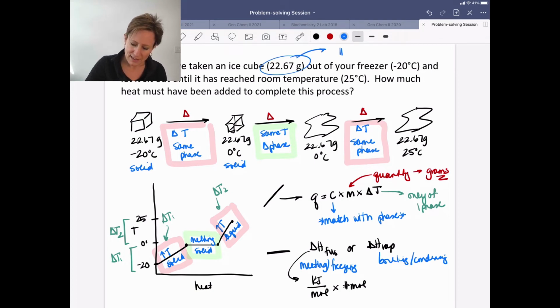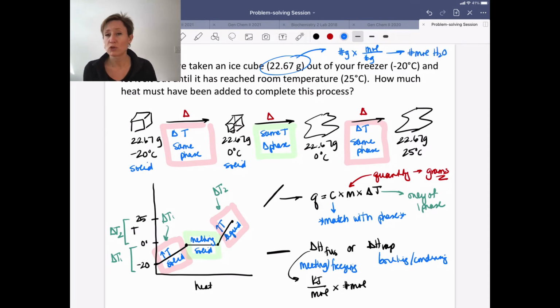So I need to take that number of grams and divide by the molecular weight, because that gives me the number of moles of water or whatever substance we're doing this with. So I multiply the number of moles by the kilojoules per mole, and then I get an answer in terms of the heat that's required for that phase change.